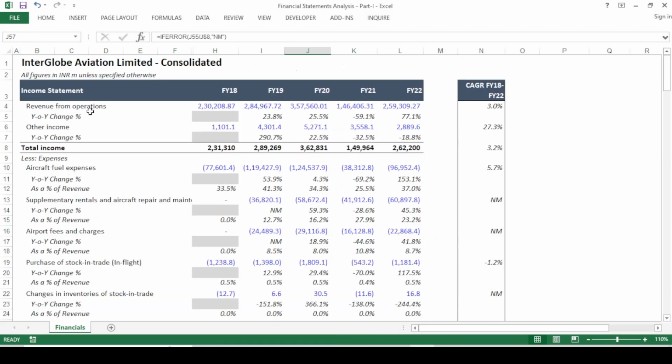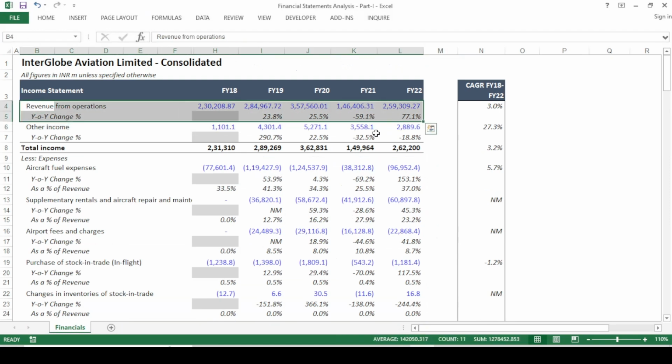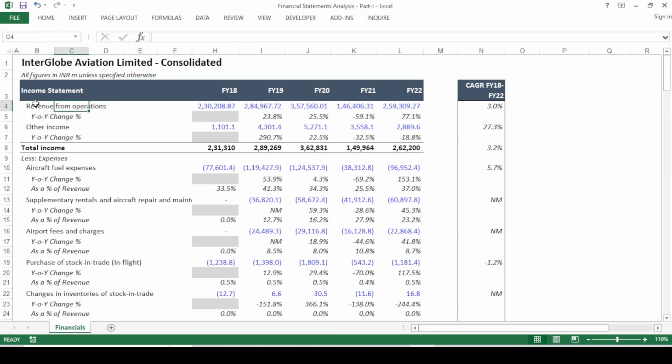So when we talk about the income statement, it is based on the accrual form of accounting, which basically means that the exchange of cash is not the key consideration here. So even if the cash has not exchanged hands, but the service has been rendered, or the product has been sold, we can still take that revenue in the revenue from operations.